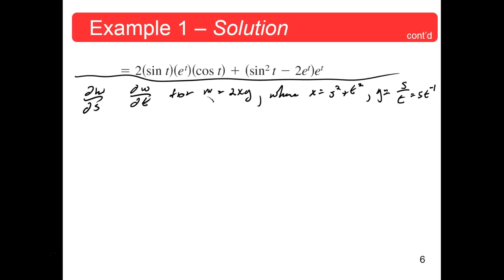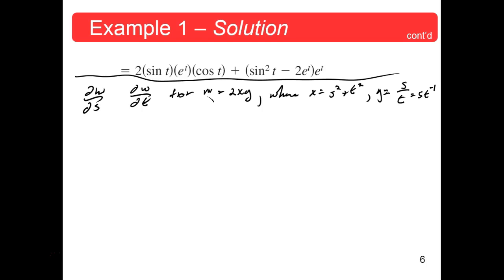Now, here's something different about this one. Notice the w, as before, is a function of x and y, as you see here. But now your x and your y are not just functions of a single variable, they're functions of two variables, s and t.